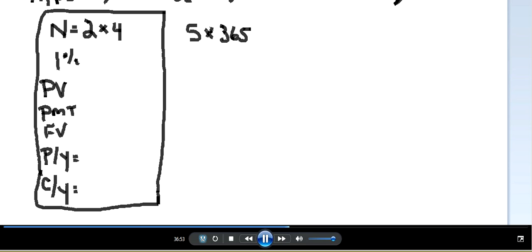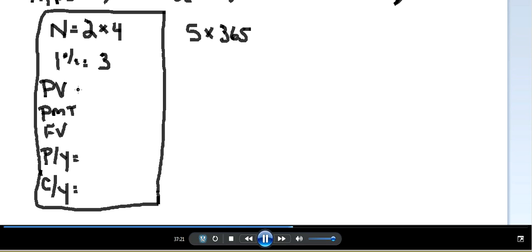And you can calculate it right in that screen on that line. You don't have to do it separately, then plug it in. Just type this right in there, and then your answer will pop right up. Okay, so that's the number of compounds. Interest is as the number is given to you. You don't have to change it to a decimal. So if it's 3%, then you write 3. Okay.